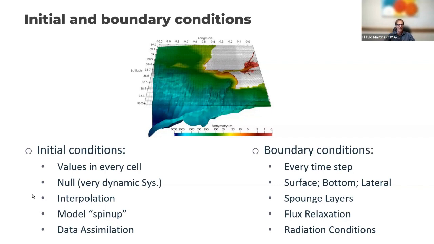So you need a model spin up, so a time that you know the model is computing wrong, but it is just propagating the forcing, and after that spin up time, the model will start having good conditions. Okay? But this is just okay in very dynamic systems.